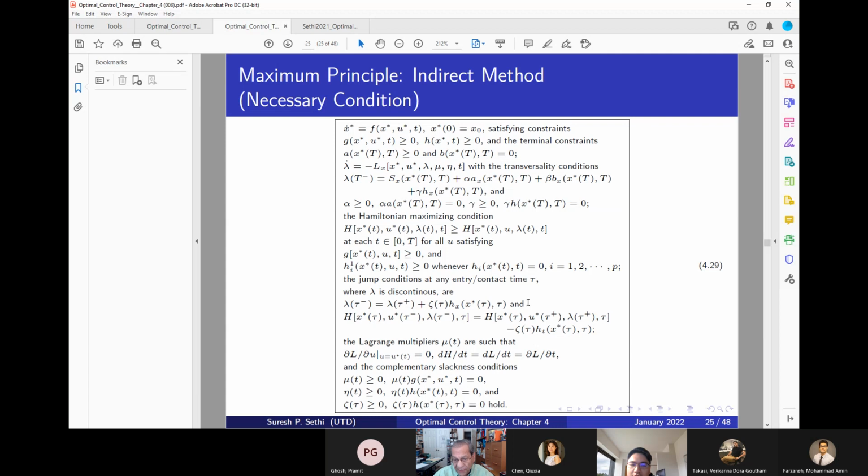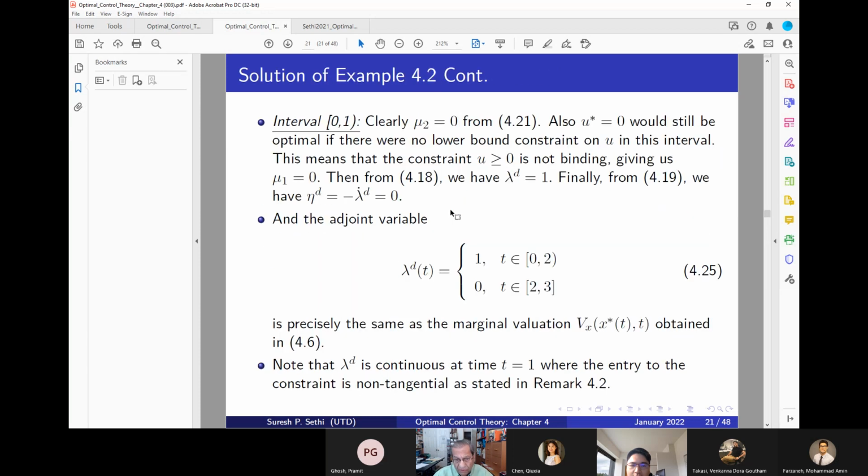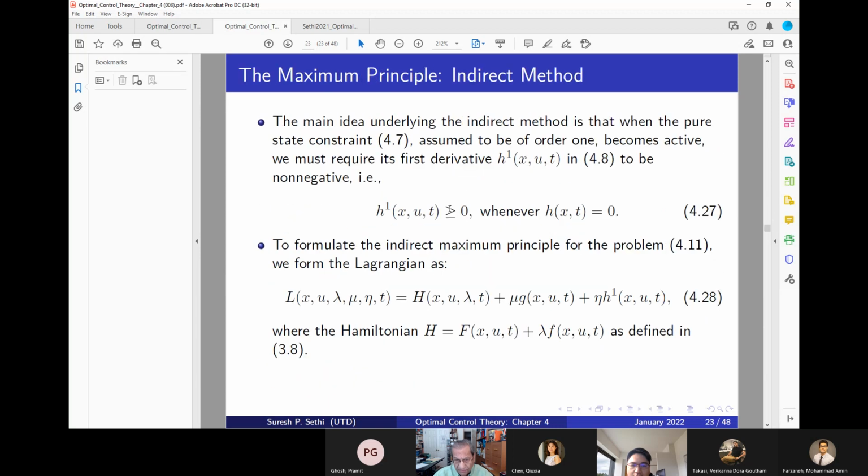H sub t is the partial derivative with respect to t. The reason we put h1 is that we could put h prime if you want, but we cannot put h sub t because it is a derivative with respect to x, u, and t. Where is the first time we put the derivative? Just 1 second. 4.8.